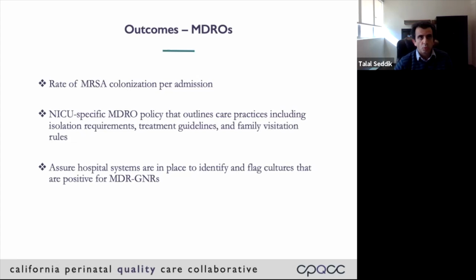So we do encounter sometimes that people didn't know that a patient needs to be on isolation, or they're isolating a patient who doesn't need to be isolated. So it's important to know that there is an MDRO policy and what it is specifically.